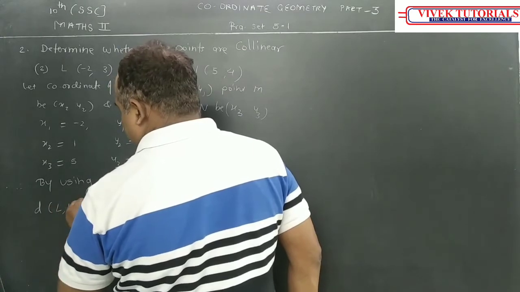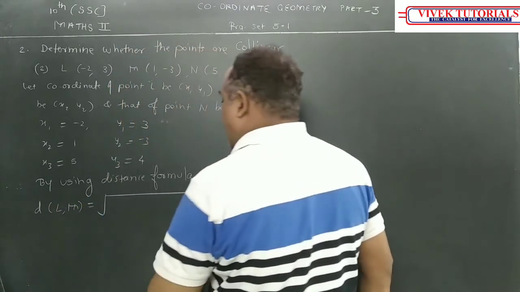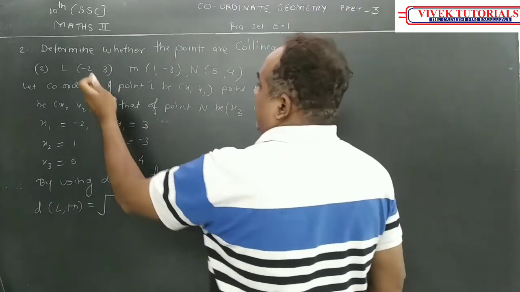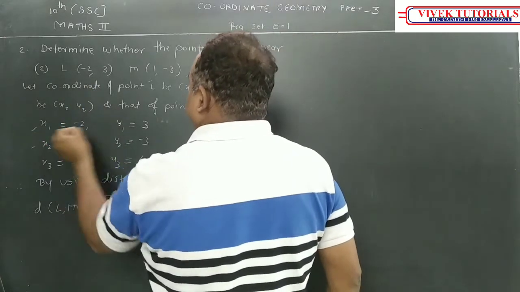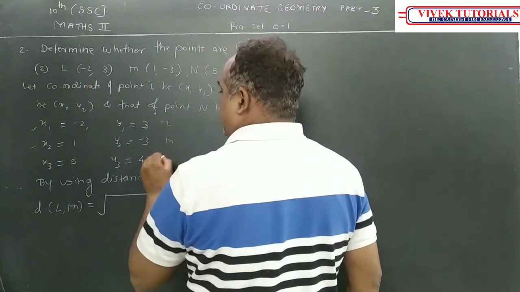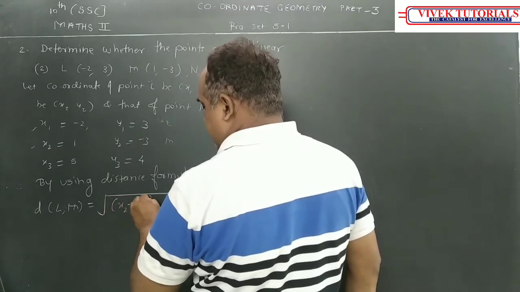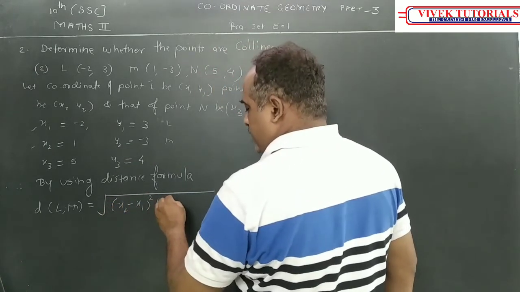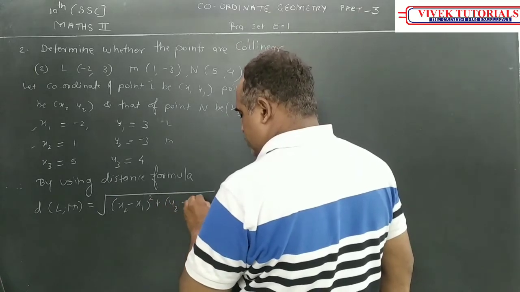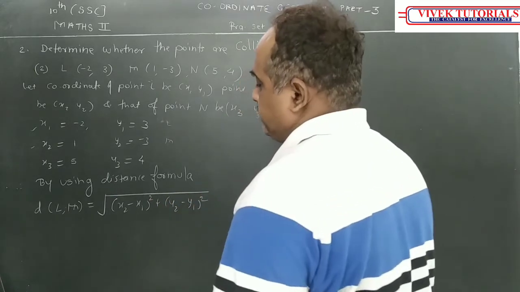LM is equal to under root, in bracket, x2 minus x1 the whole square plus y2 minus y1 the whole square.